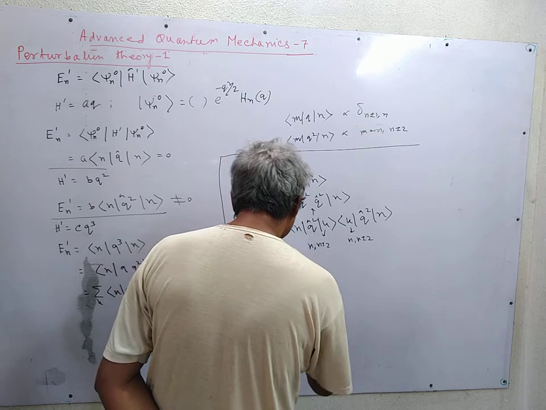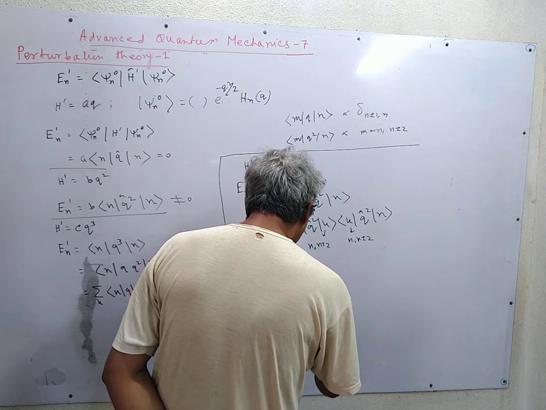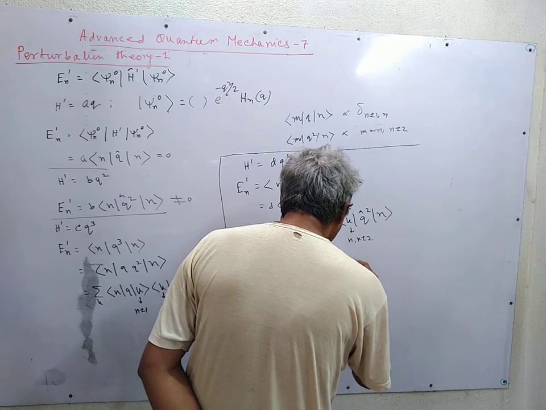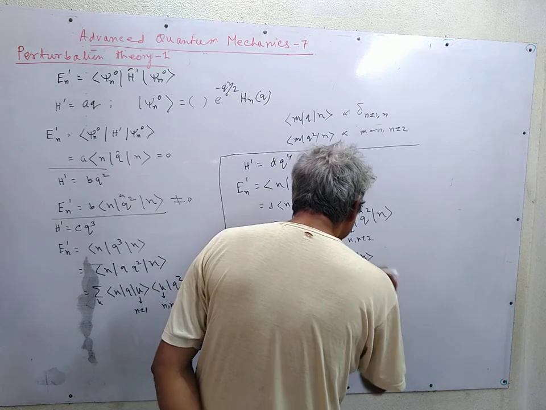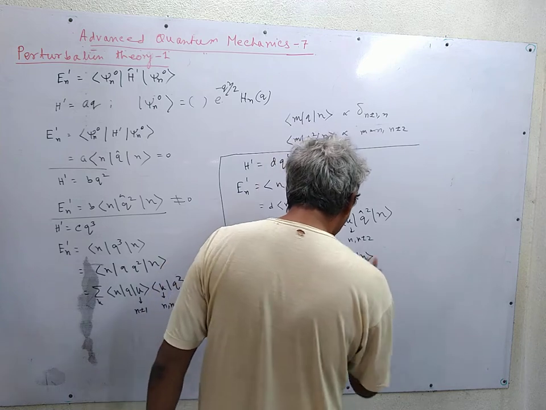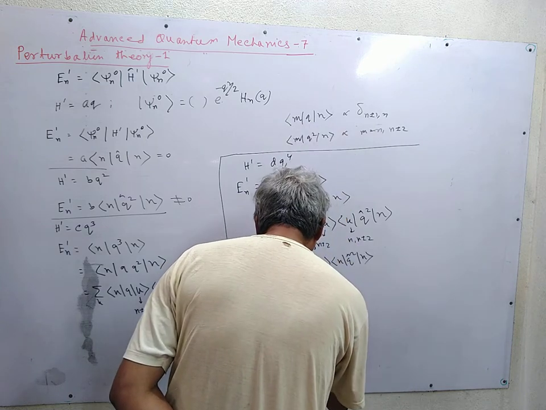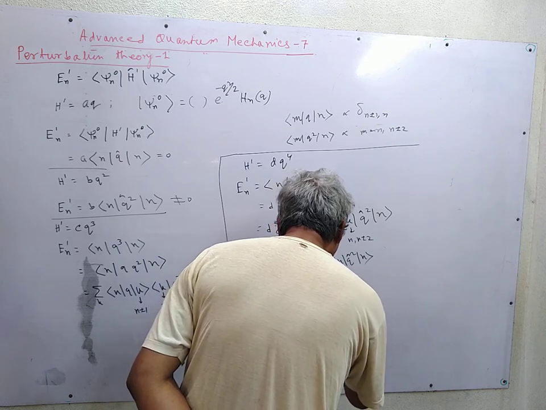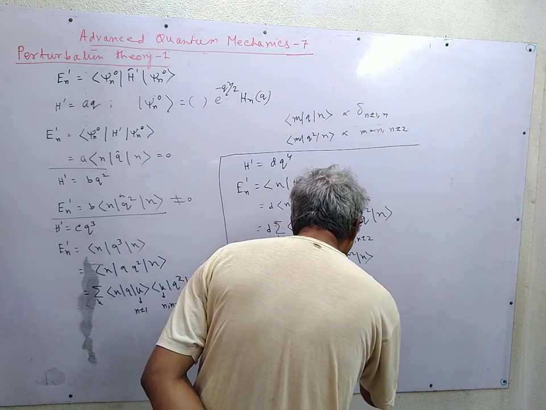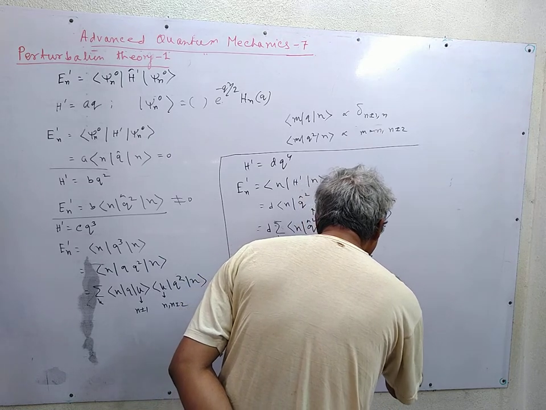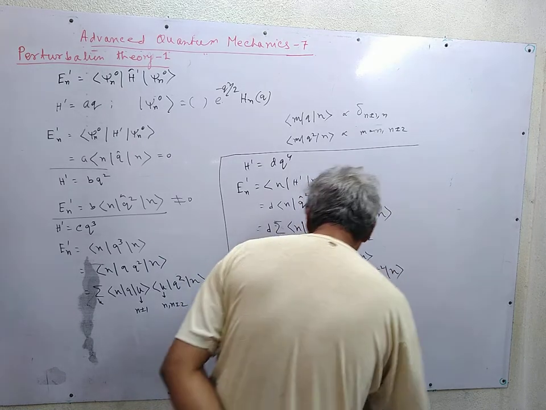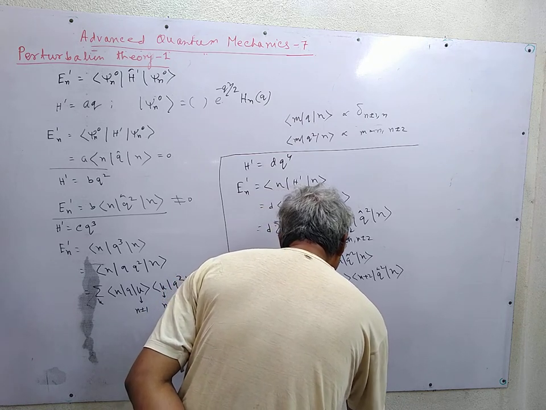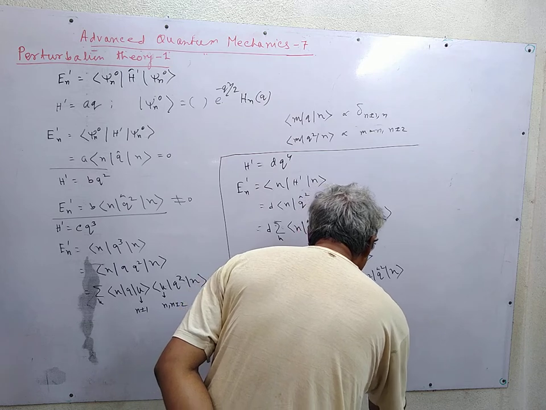Actually, there will be three contributions: d times n q square n n q square n. This is the first term. Then n q square n plus 2 n plus 2 q square n, and the last term is n q square n minus 2 n minus 2 q square n.